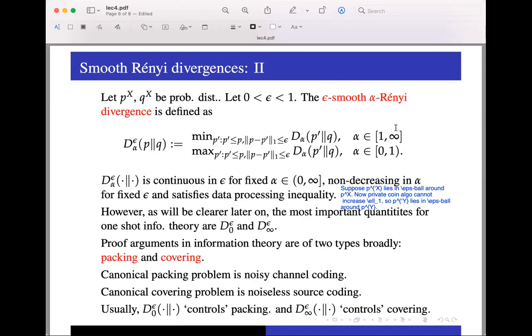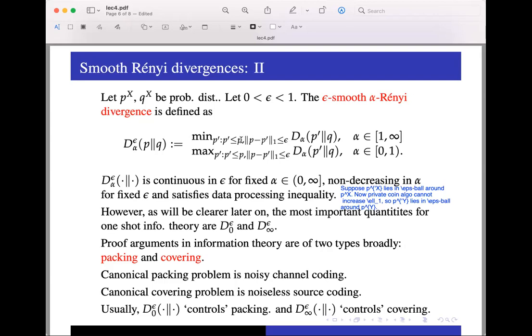For alpha in the range 1 to infinity, I do the following. Let us look at all possible perturbations of P to P prime, which are close enough, in the epsilon ball. So that is this L1 condition. Now this P prime, I want to be less than or equal to P. So I could have dropped this condition, but it turns out in the minimization, the minimum is always obtained at vectors P prime less than or equal to P. So less than or equal to means P prime of x is less than or equal to P of x for every symbol x of my alphabet.